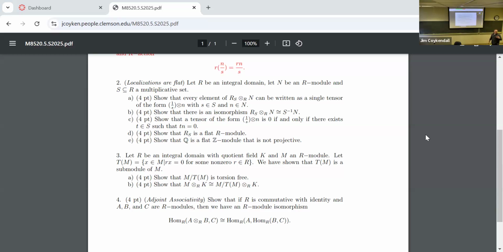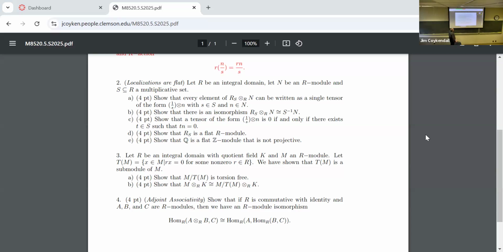So this shows that if you have a localization, the localization R_S is flat as a module over R. And finally, show that Q is a flat Z module that's not projective. The flatness is now elementary thanks to part D, but what you need to do is show that Q is in fact not projective.